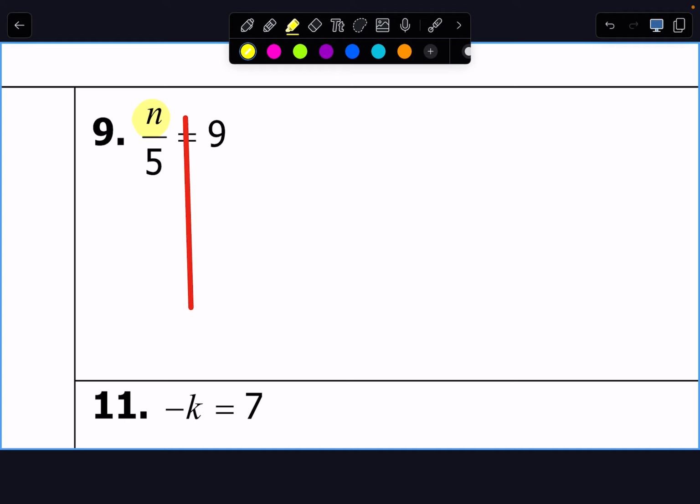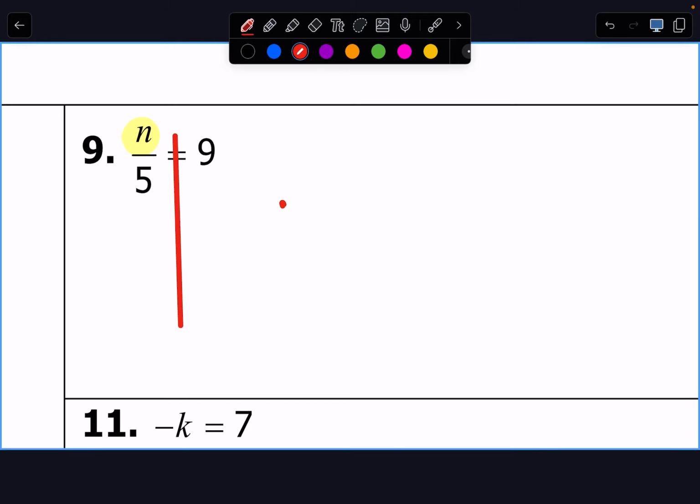Okay? So, what operation is in between N and 5? All right, so we need to undo our division. And in order to undo our division, we are going to do the inverse operation, which is to multiply both sides by 5. Because if we have 5 times 5 and divided by 5, those cancel out. And we're left with N equals 45.